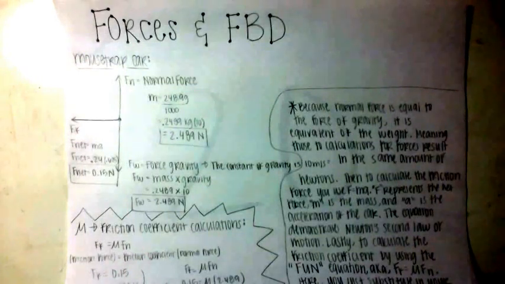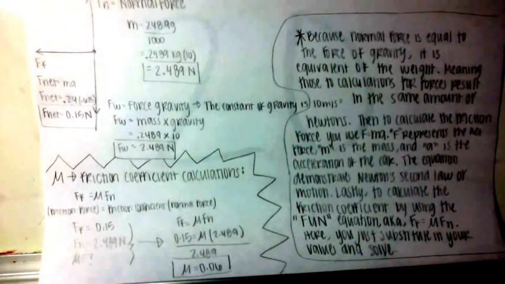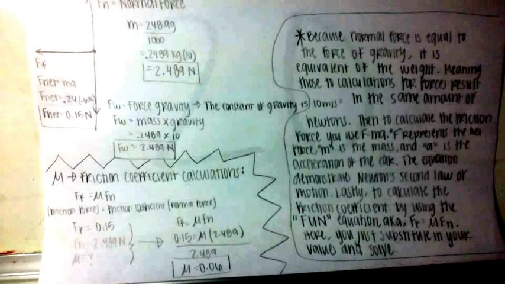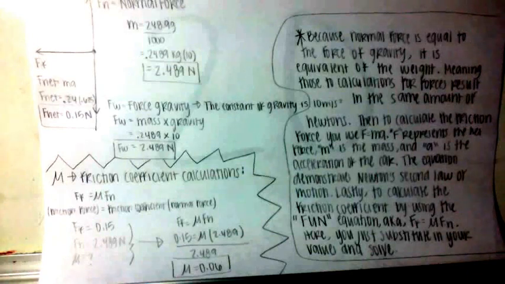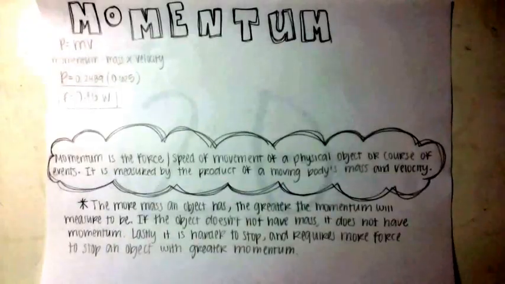So lastly, we calculated the coefficient of friction by using the friction equation, which is friction force equals mu times normal force. So then again, we just substitute in our values and solve, and we got our friction coefficient, mu equals 0.06, and that is how you solve for that.